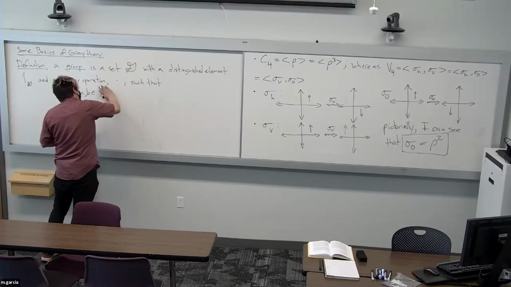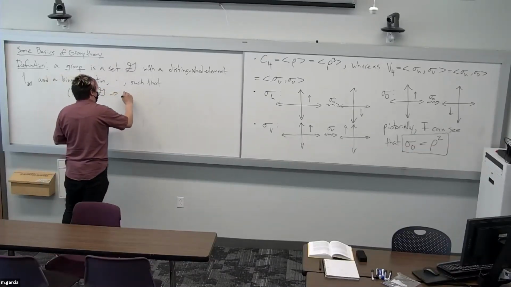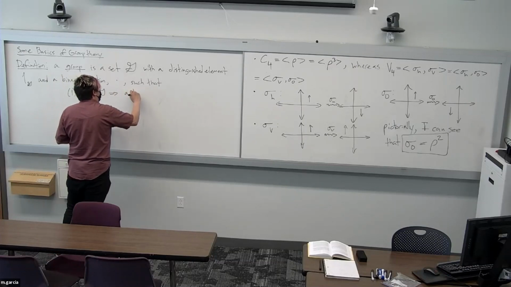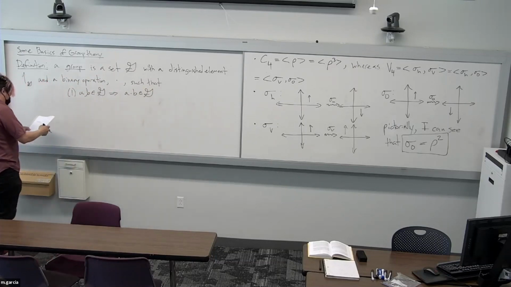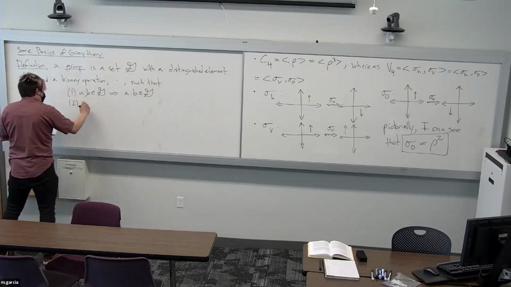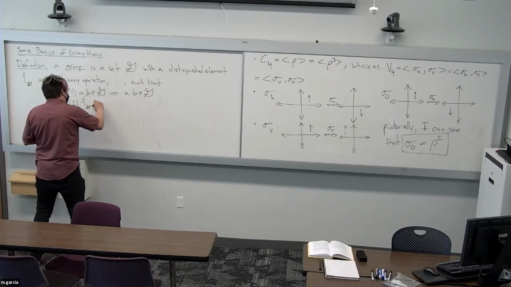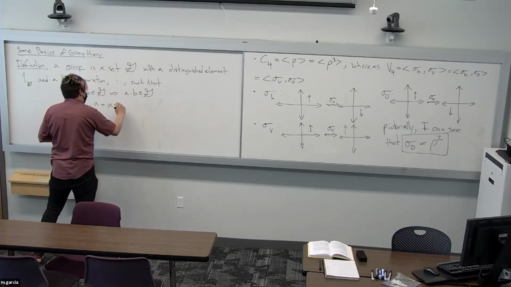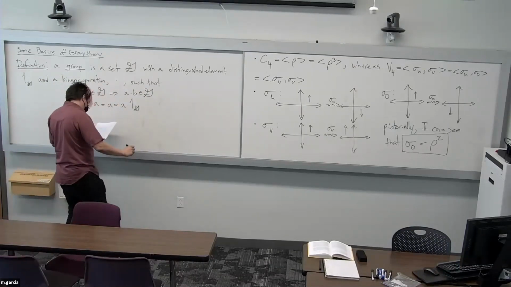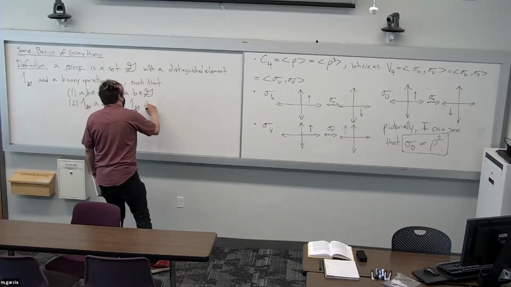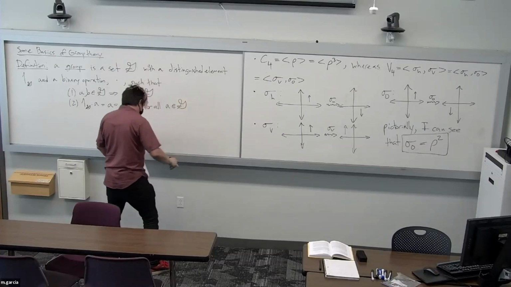One: A and B elements of G implies that A dot B is an element of G. Closure. Two: 1 sub G dot A is equal to A is equal to A dot 1 sub G for all A in G.